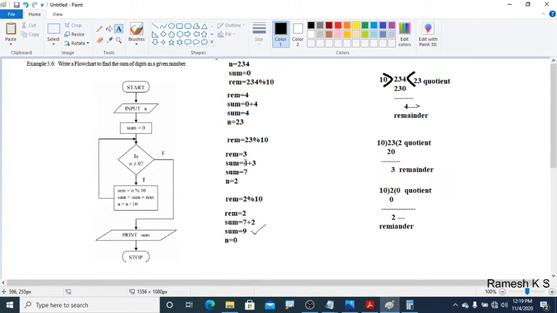Sum earlier was 4. 4 plus 3, where 3 is the remainder value. Sum is 4.